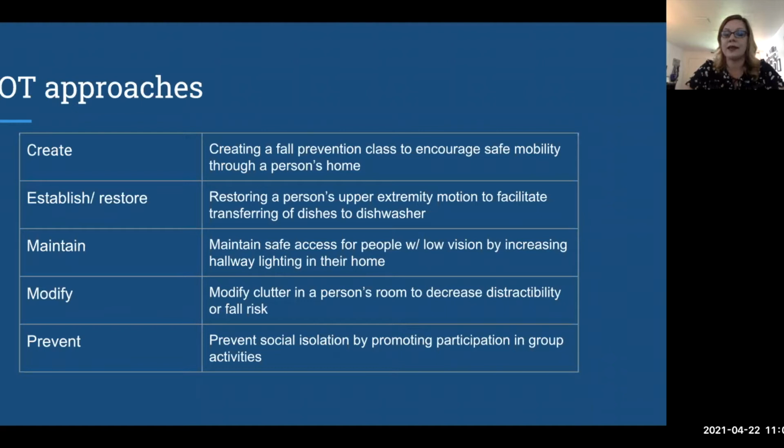We have maintain, maintaining safe access for people with low vision by increasing hallway lighting in their home. We have modify, modifying clutter in a person's home to decrease distractibility or fall risk. And then we have prevent, preventing social isolation by promoting participation in activities.